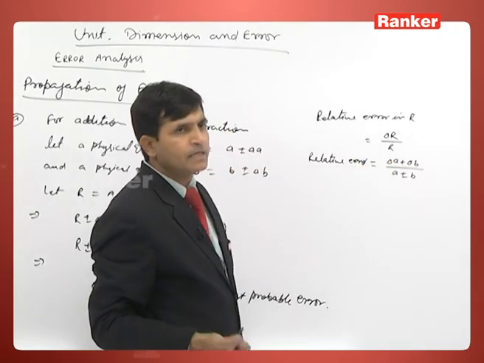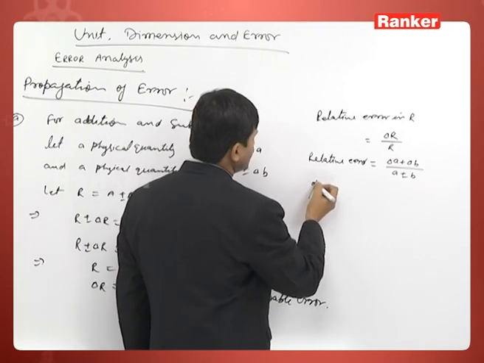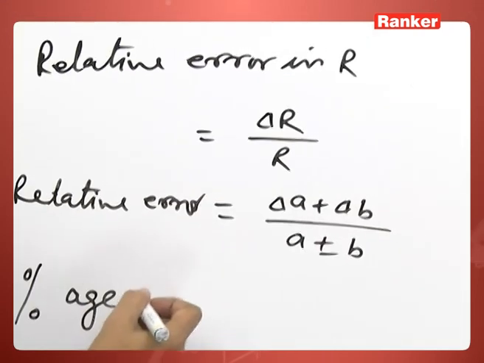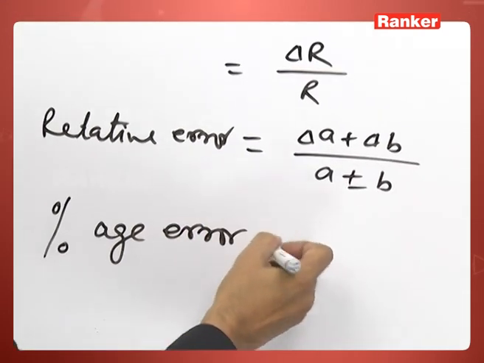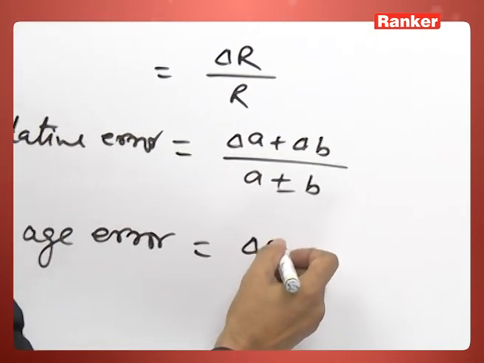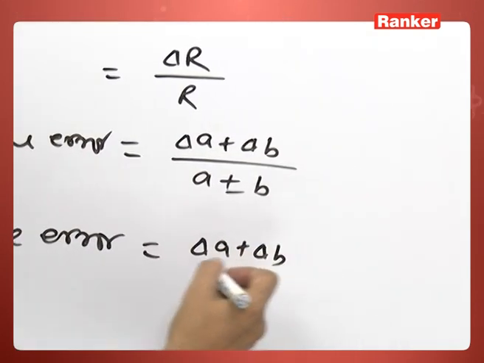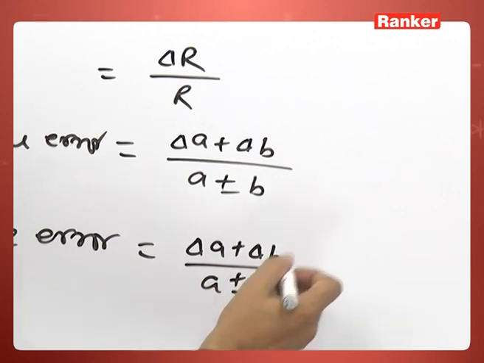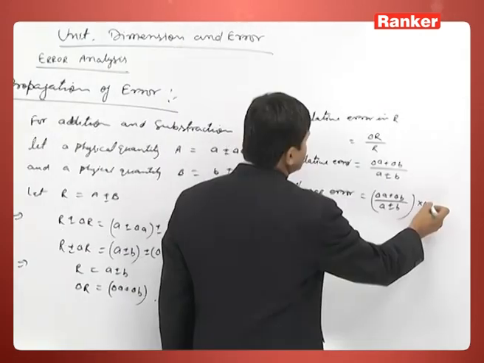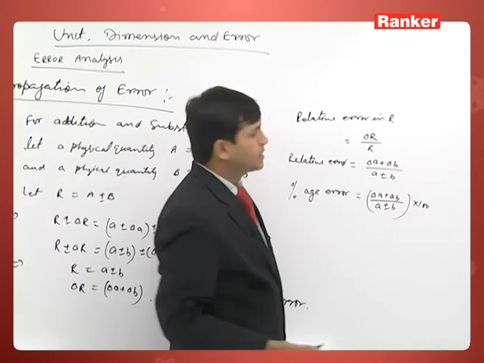And if they are asking for percentage error, in terms of 100, delta A plus delta B by A plus minus B into 100. This is called the percentage error.